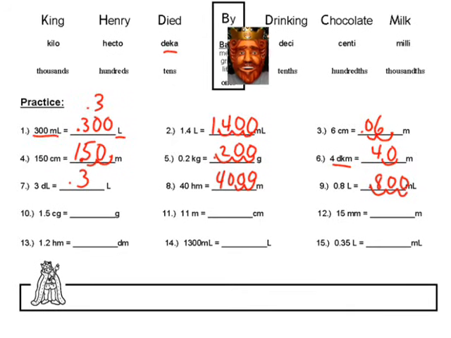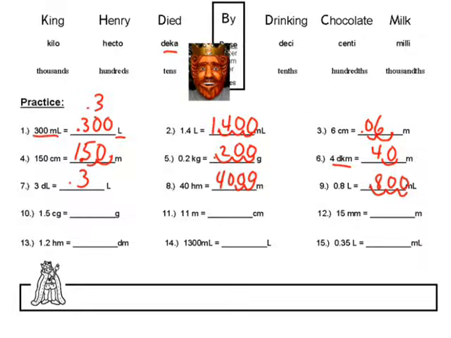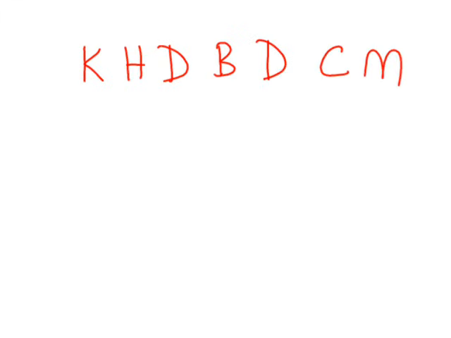going to have this up top. But what you could do, just remember, you would write out King Henry died by drinking chocolate milk. Remember that B stands for the base units, and the 3 base units are my large giraffe, which is meters, liters, and grams.